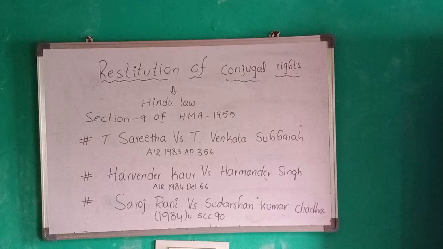What does the petitioner have to prove to bring this suit? To be able to demand a restitution successfully, the following must be proved. One of the spouses has without reasonable cause left the society of the other.